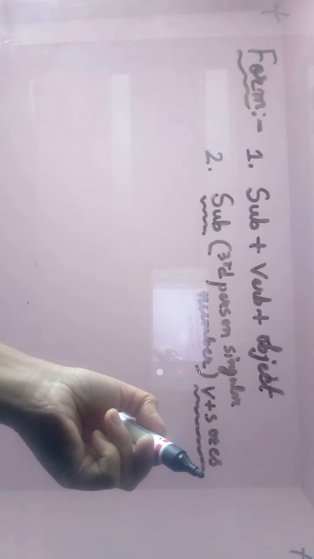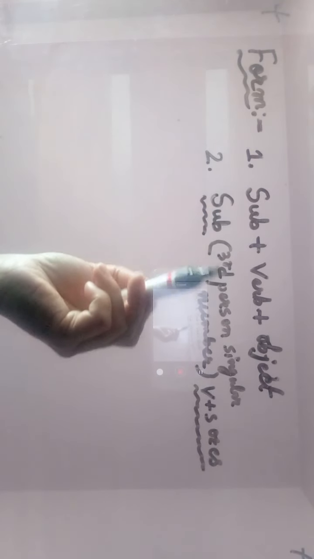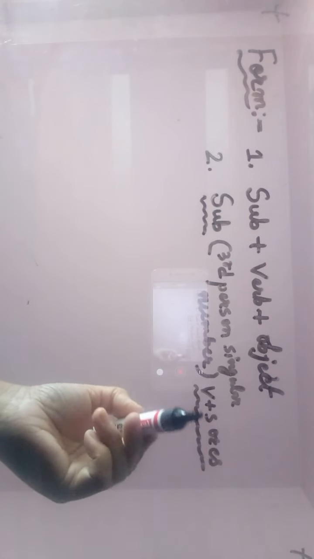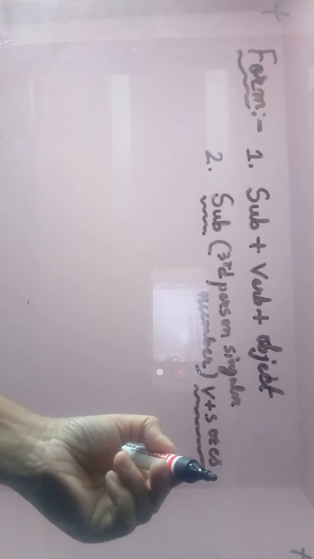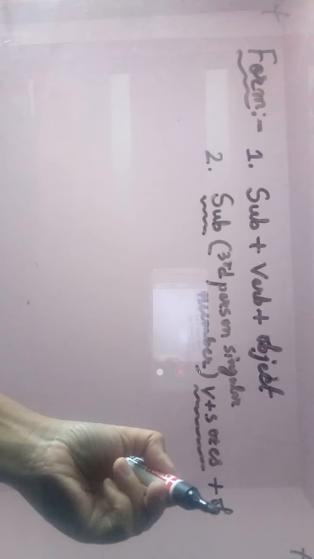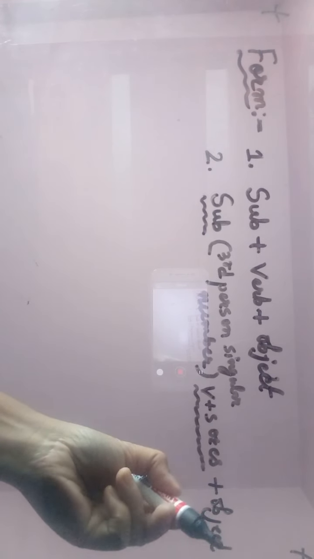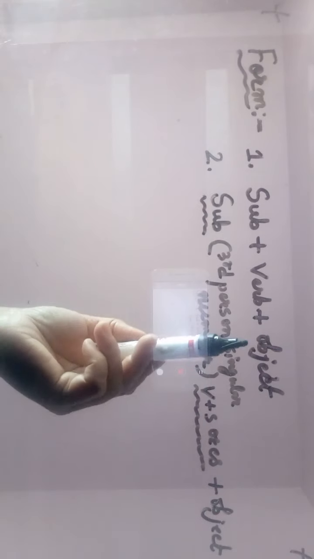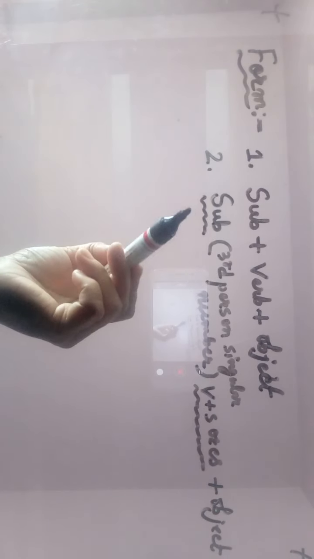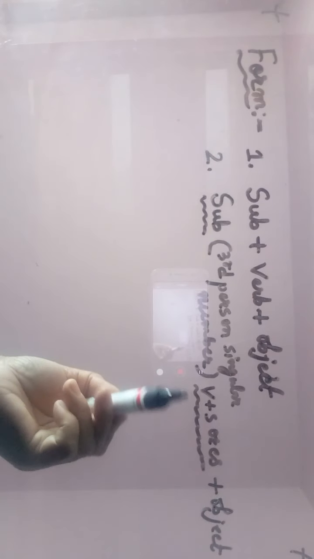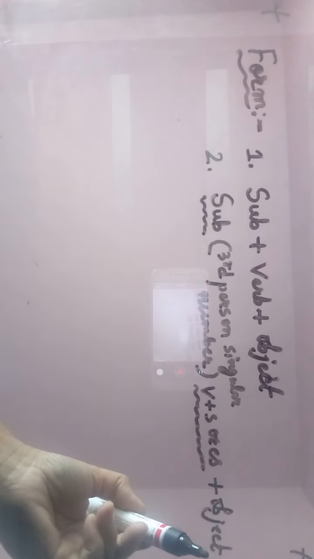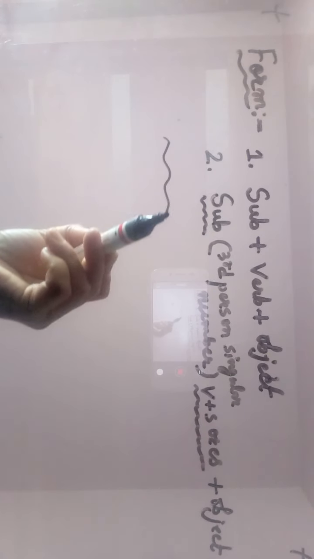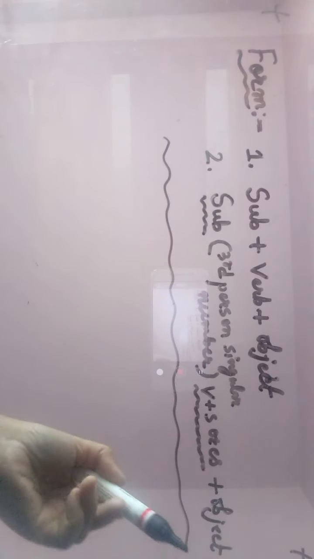Means after the verb we will put s or es. When the subject is third person singular number, after the verb we have to put s or es. Then the object. This is the second formula. We have got two formulas. One is subject plus verb plus object, and the second one is subject, third person singular number, plus verb plus s or es plus object. In these formulas only we will write almost all the sentences.